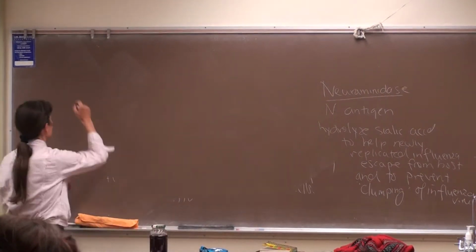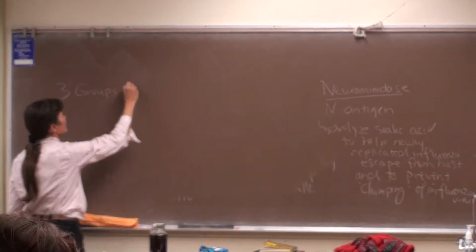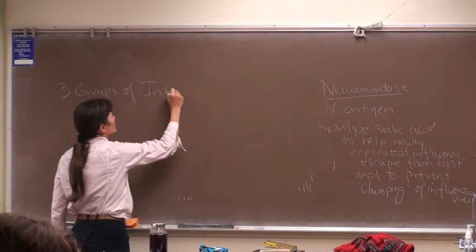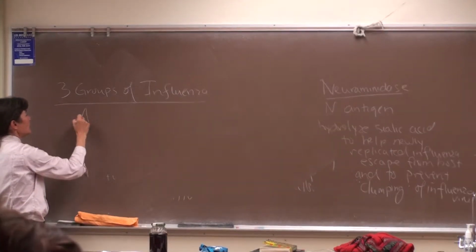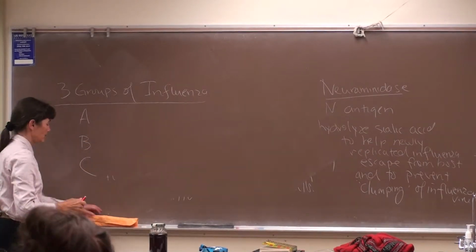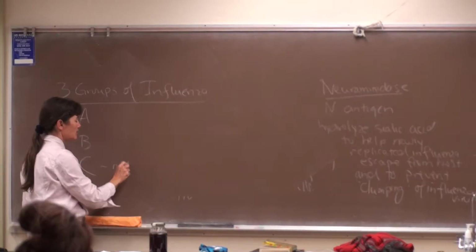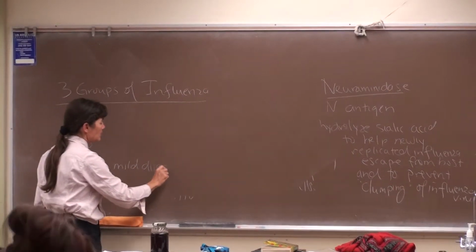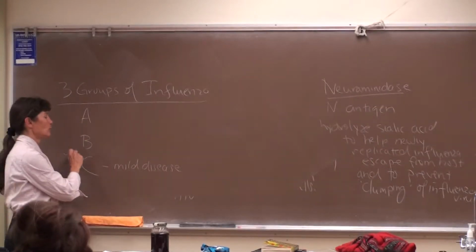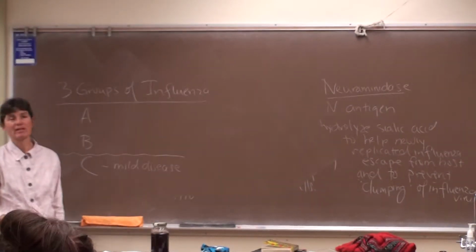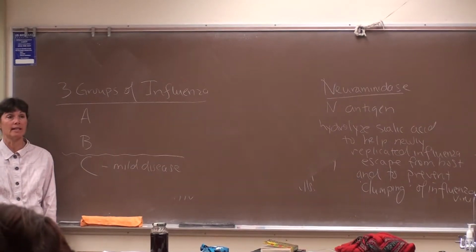So it turns out that there are 3 groups of influenza viruses. There's group A, B, and C. So group C, these usually cause very mild disease. They tend to be very stable in that they don't change very often. And so we don't really worry about group C influenza viruses. They're just not that big a deal. They're not even included in the annual influenza vaccine. Okay.